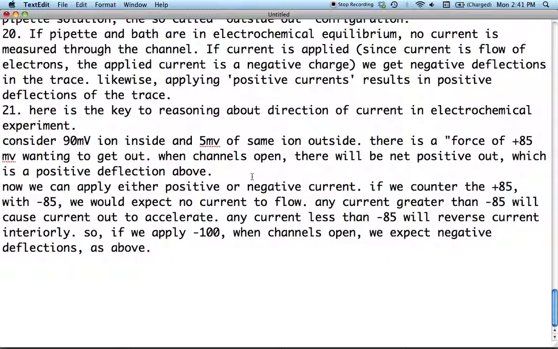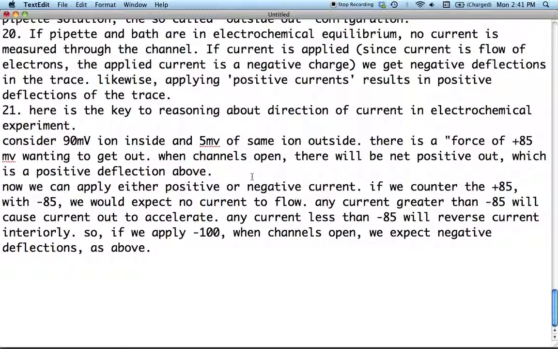Now how do we think about the shifting? Basically, the take home there is that if you are applying zero voltage, and the inside and outside are in equilibrium, when the channel's open, you get no net current flowing.